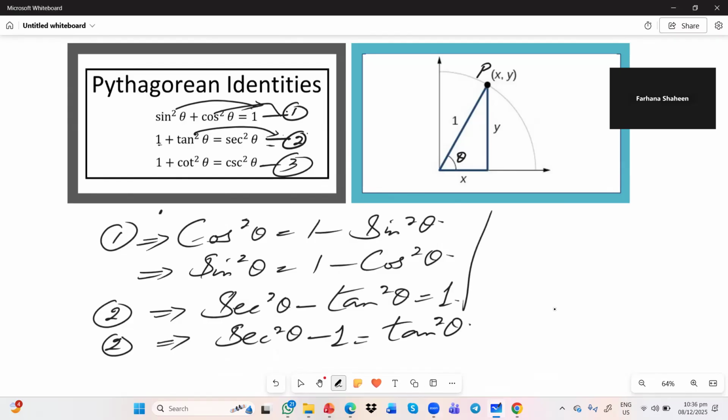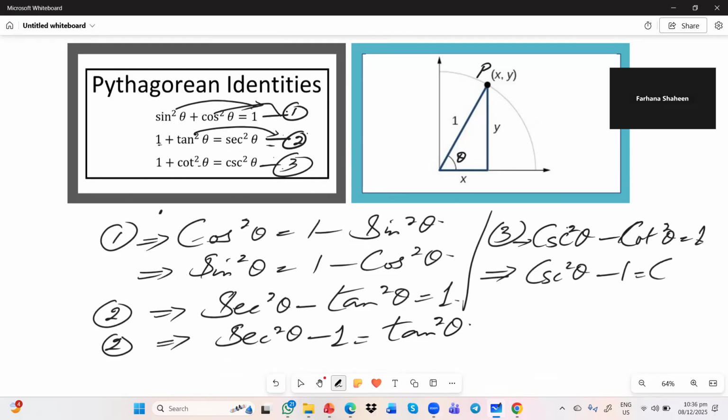Similarly, we can do the same with the third one. Taking cot square to the other side, we will have cosecant square theta minus cot square theta is equal to 1. And taking 1 to the other side, we will have cosecant square theta minus 1 is equal to cot square theta.